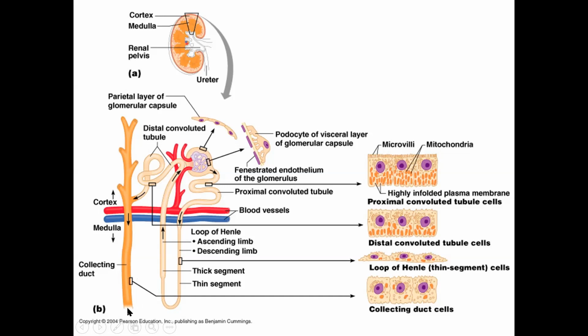So the final urine is very concentrated, but a small amount of liquid. So the distal convoluted tubule right here is mostly for water reabsorption, kind of like the collecting duct, okay? So no active transport anymore. That's why you don't see a lot of mitochondria over there, and not a lot of microvilli either.